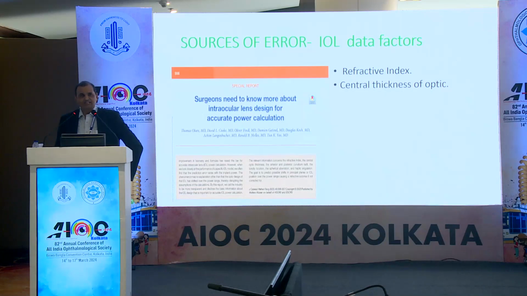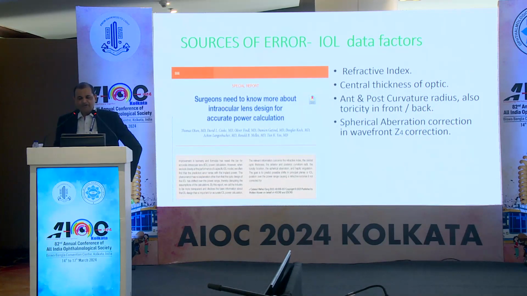We need to know the central thickness of the optic, what the anterior and posterior curvature of the IOL is, what the toricity is on the front surface and on the back surface, what the exact wavefront Z4 correction level or aberration correction level is, and what the exact angulation of the optic is. Optic angulation is also different according to the power. Suppose your power is 15, the angulation of the same lens is different, and suppose your power is 25, the angulation is different.